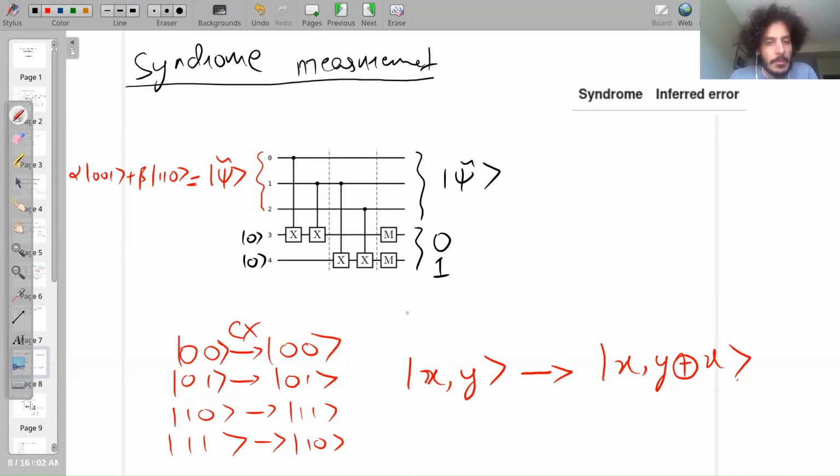Because this is 0, 0, if you look at the first basis, we said that only this CX gate triggers. So which is why the value over here is 1.